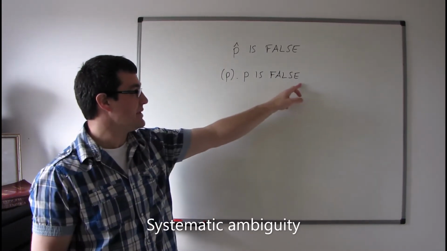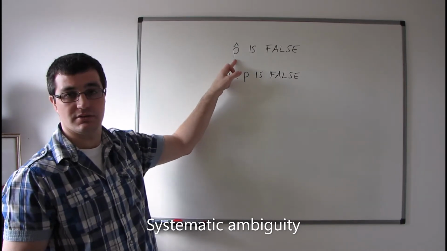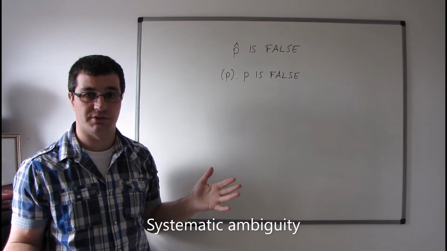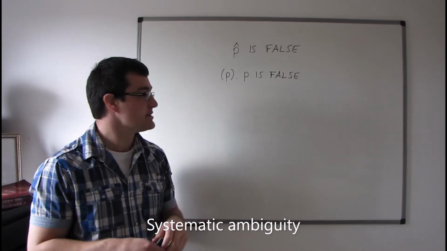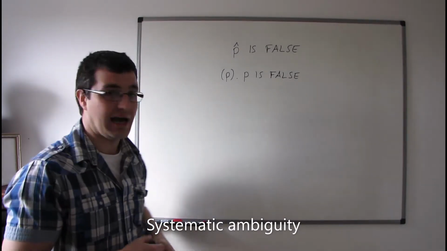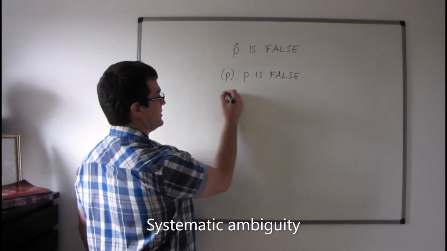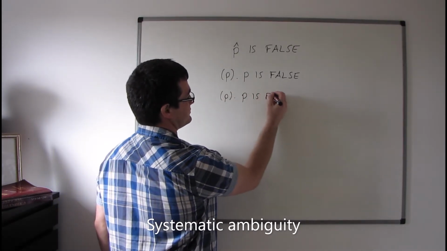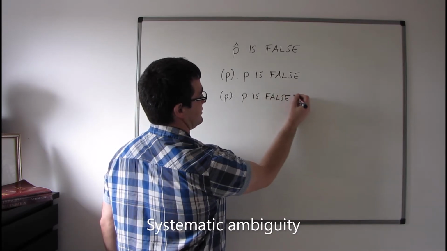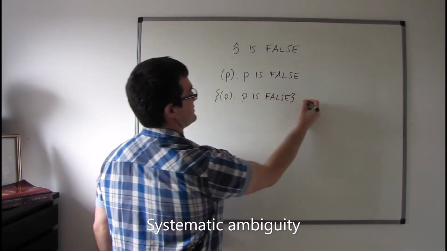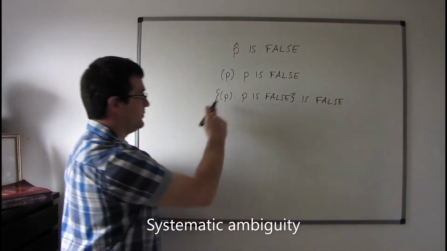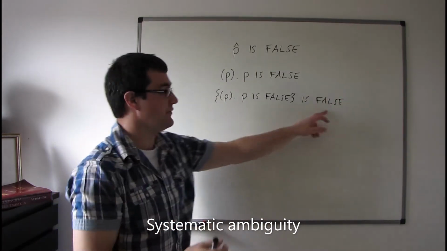But this can't be one of the propositions that could be plugged into here, because then we're going to get a meaningless expression. But yet, because this is a proposition, I might want to, from this, form the new proposition, which looks something like this. So P is false always is false.